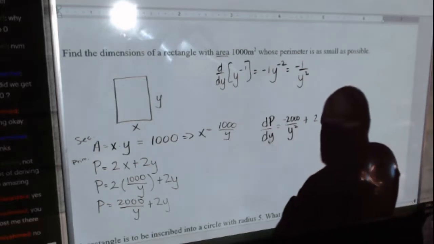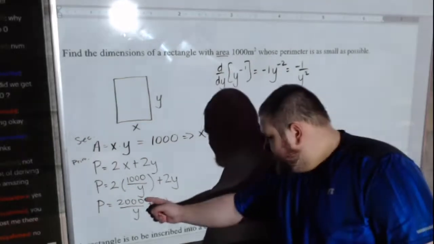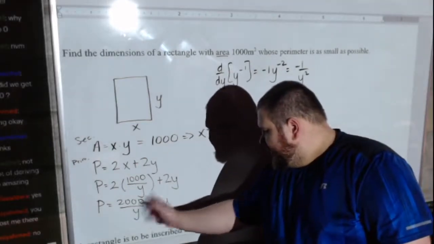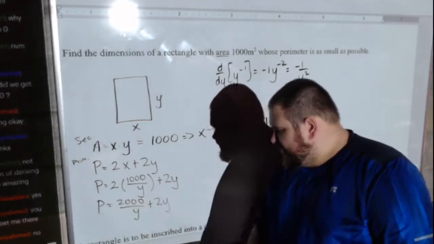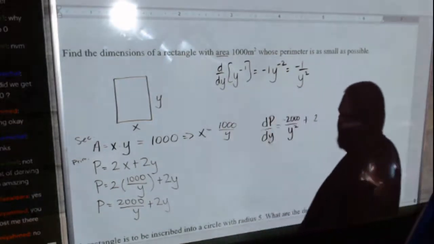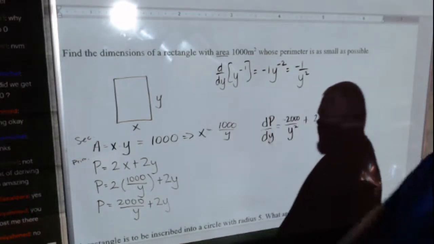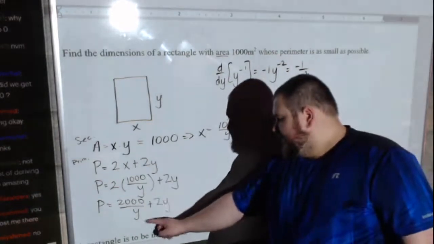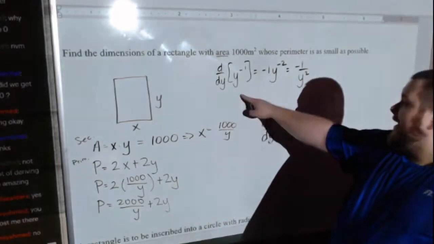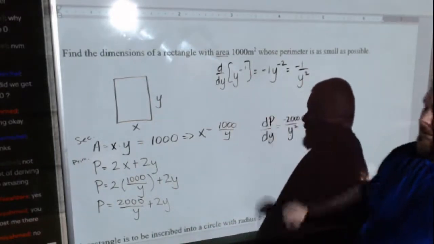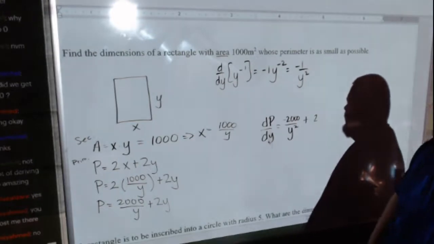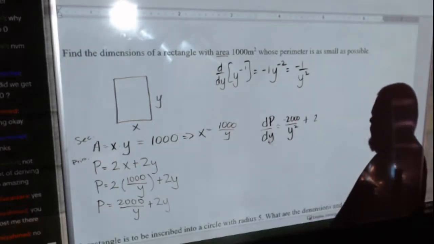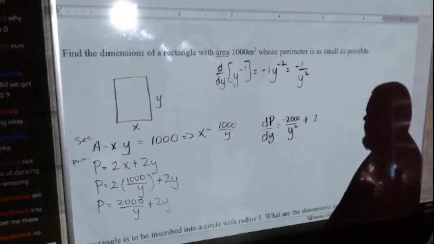So I have 2,000 over y. That 2,000, if I differentiate, is just going to go along for the ride, right? So 1 over y is the same thing as writing y to the negative 1. We okay with that?